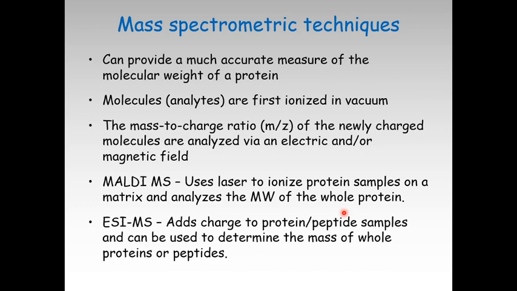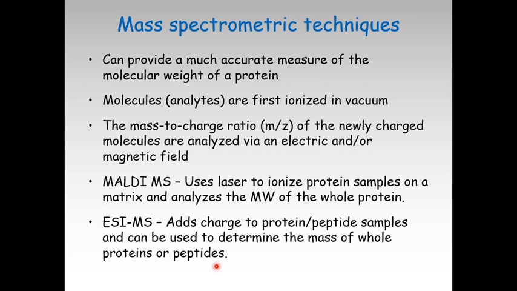To identify different charge states of a protein, you go to another technique called ESI MS, or Electrospray Ionization Mass Spectrometry. This is a very interesting technique. ESI MS is also used for small molecules and peptides. It adds charge to protein or peptide samples and can be used to determine the mass of whole proteins or peptides.